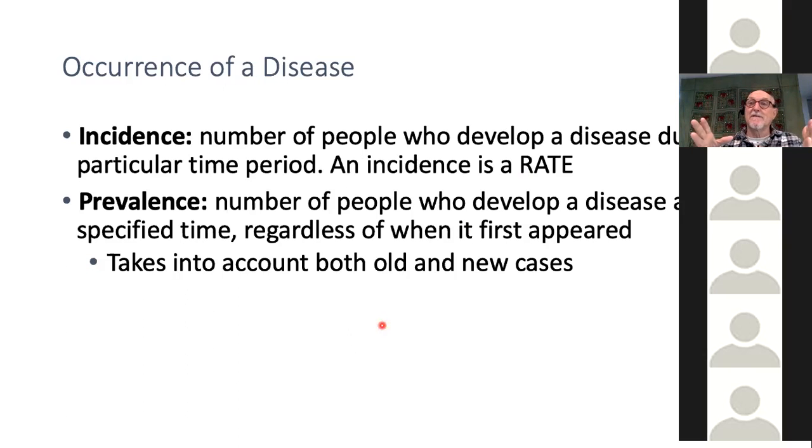That's a prevalence of the disease. It is not a rate. It's not an incidence. It just tells you the number. You can sometimes say the prevalence has increased over time, but that's still not giving you an incidence. It's not giving you per time.